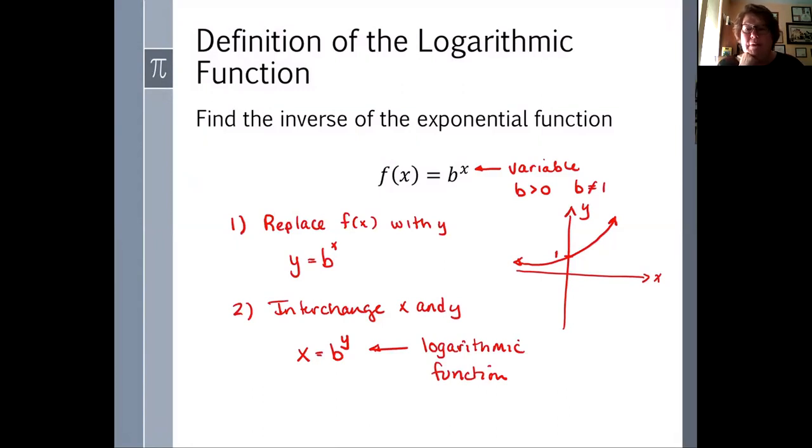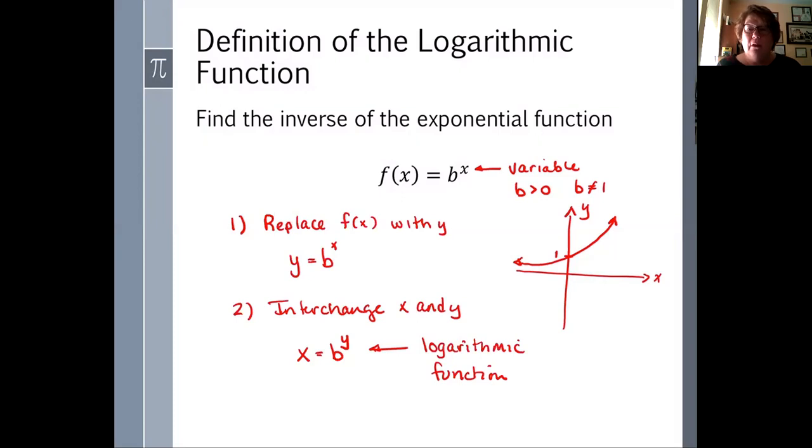And that's going to be difficult for me to do here because I'm trying to find what the exponent is. When I raise a base to that exponent, I get some value x. So we're going to write this in a different form. We're going to write this in terms of a logarithm.